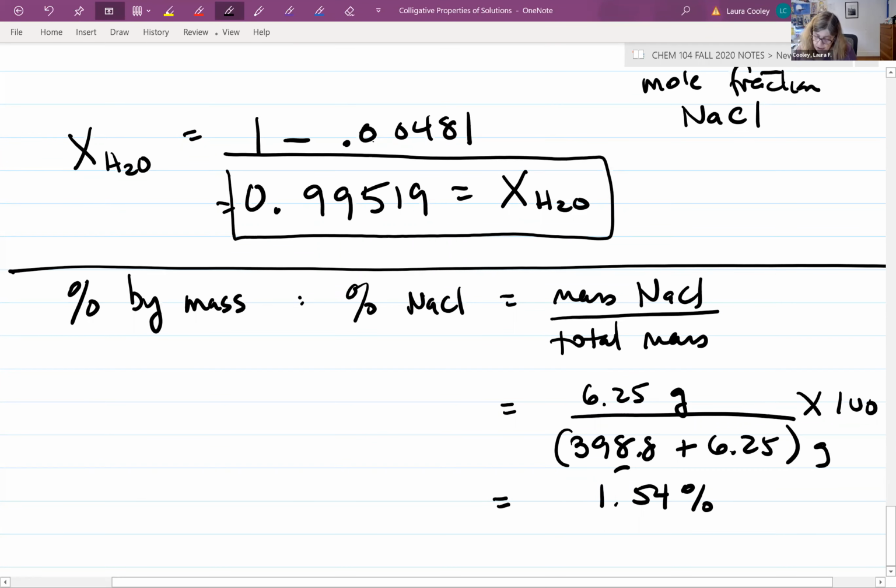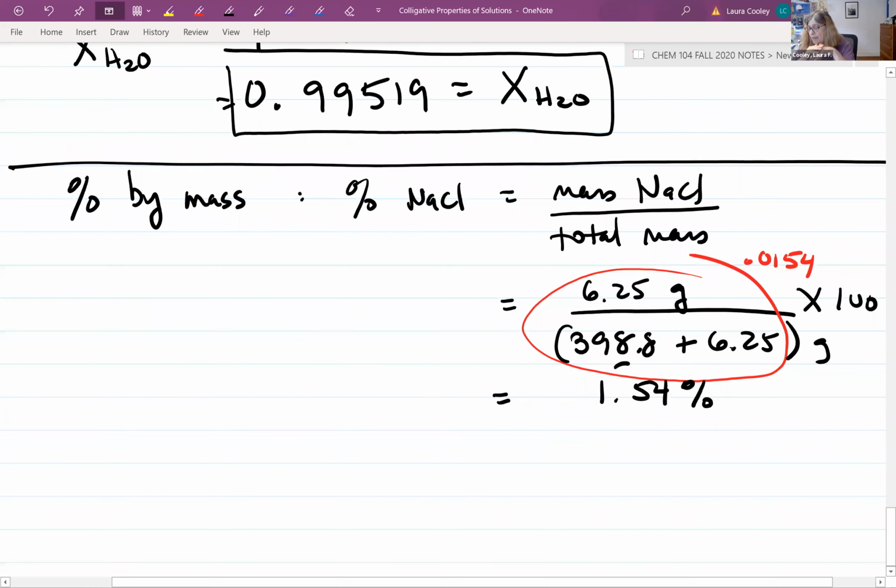So this number here, before you multiply it by 100, is 0.0154. That means that if you took this solution and divided it into 100 different pieces, approximately 1.5 of them would be sodium chloride.